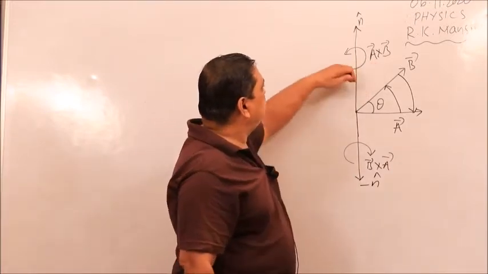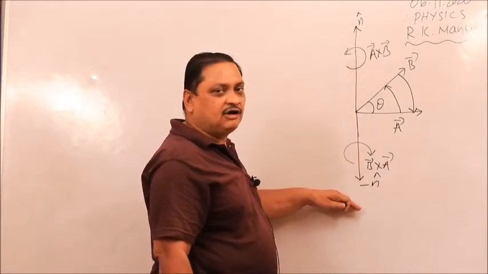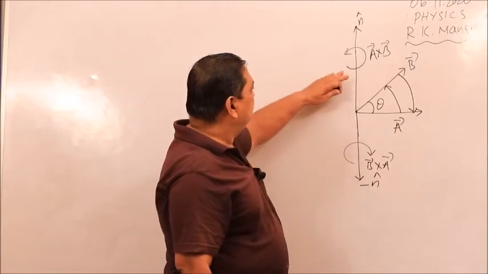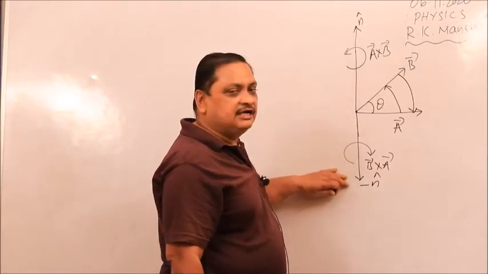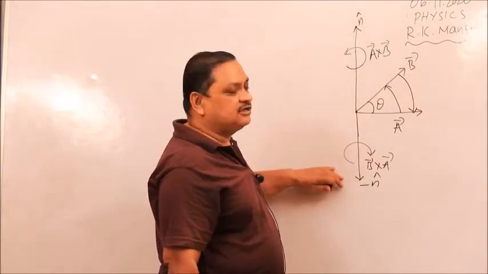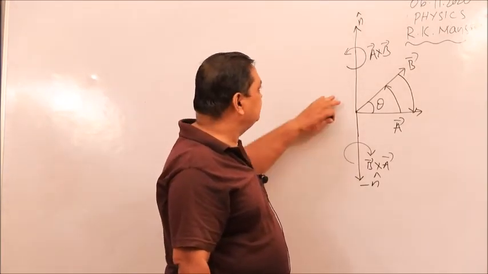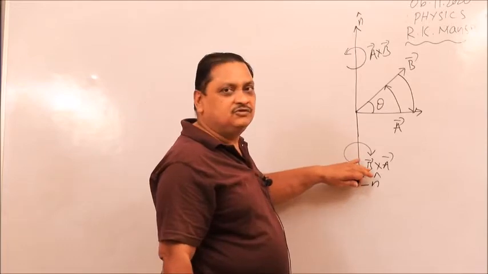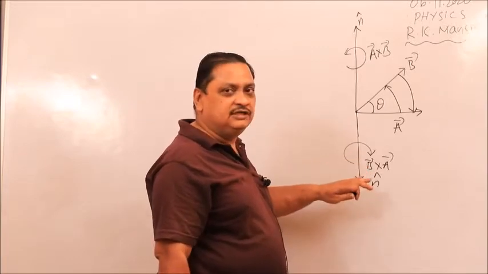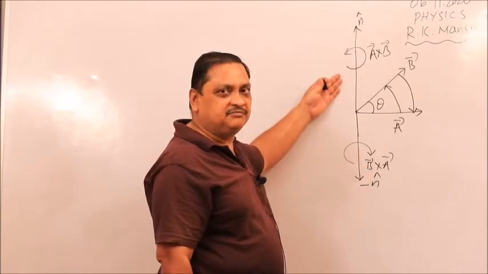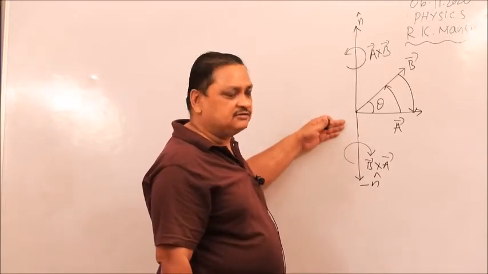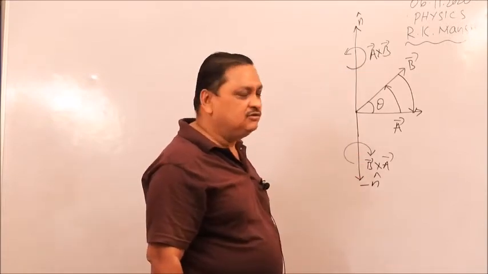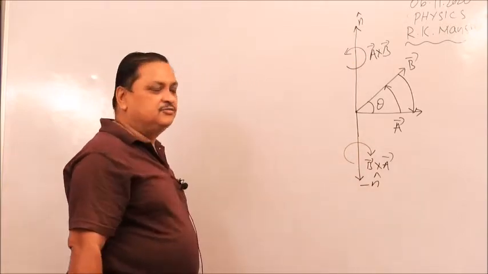So A cross B is in upward direction, B cross A is in downward direction. That means here you will get a vector and here you will get another vector. These two vectors are not equal. Hence A cross B is not commutative to B cross A due to direction. Magnitude will remain the same, but direction will vary, that means it is in opposite direction. So A cross B is not equal to B cross A. That is also a property.